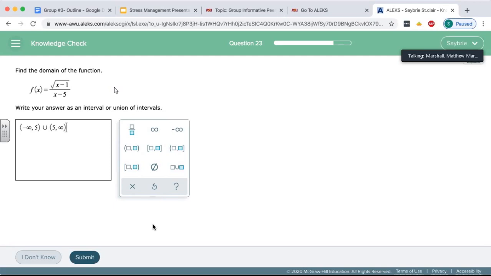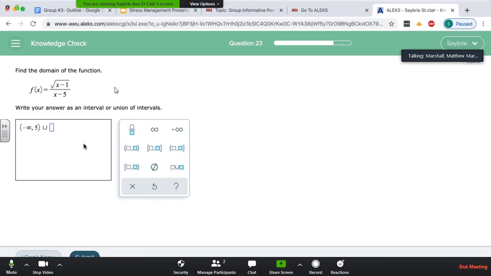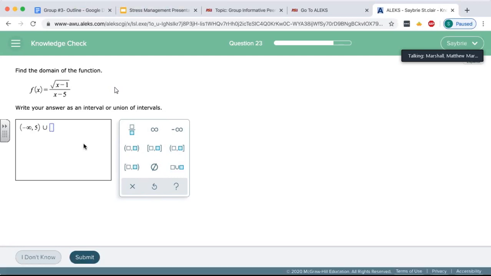We're going to have to change that. So delete that second part of that answer there. Because I was looking at the top part of that fraction, it can't have a negative underneath the radical. So it's got to be all numbers bigger than 1.